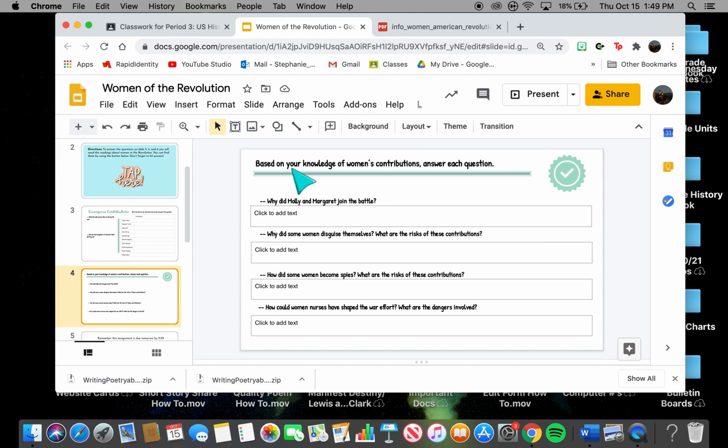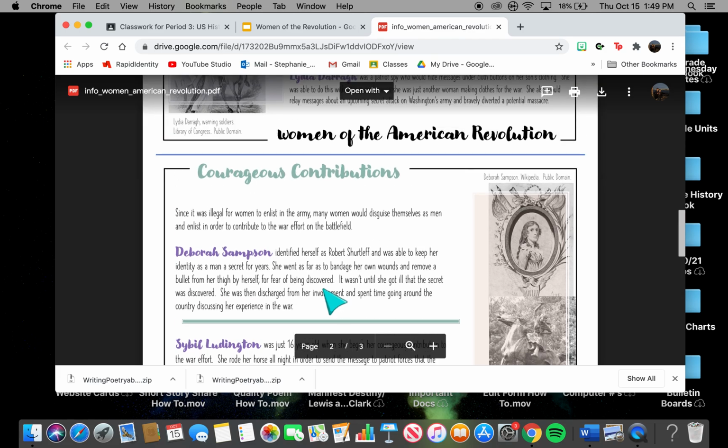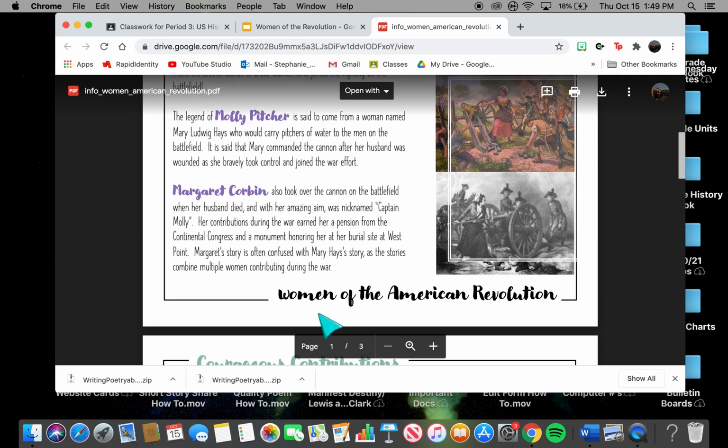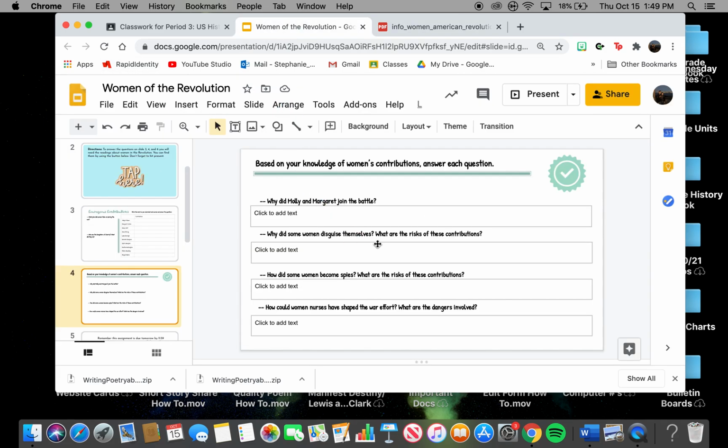So for the second one, it says, based on your knowledge of women's contributions, answer each question. Why did Molly and Margaret join the war? Again, you go back to the reading, you look for their names, and then you answer the question. Why did some women disguise themselves? What were the risks of these contributions?